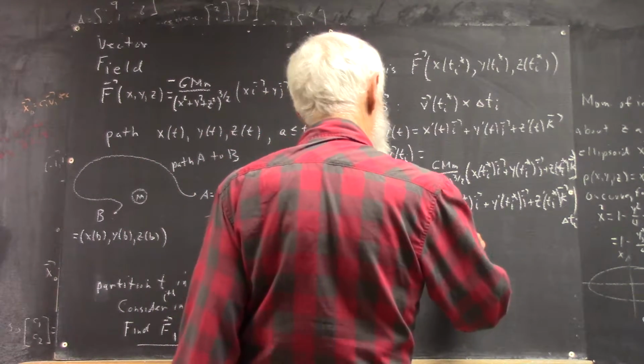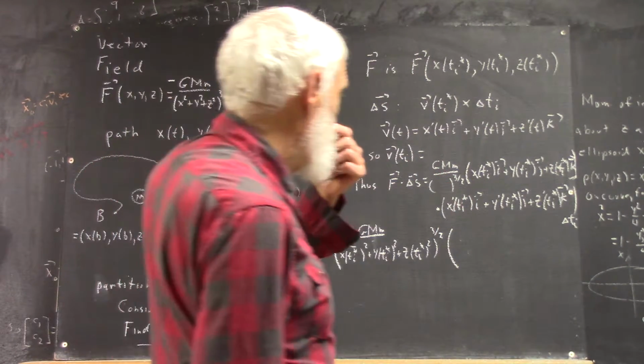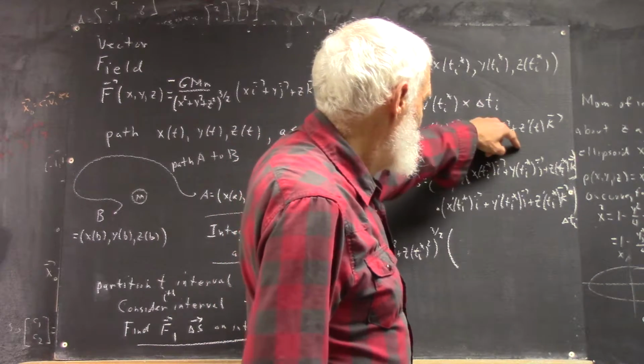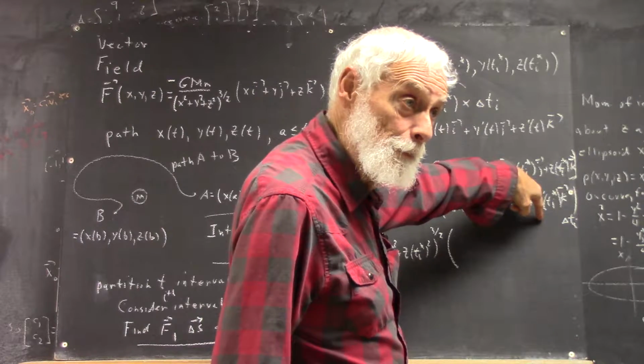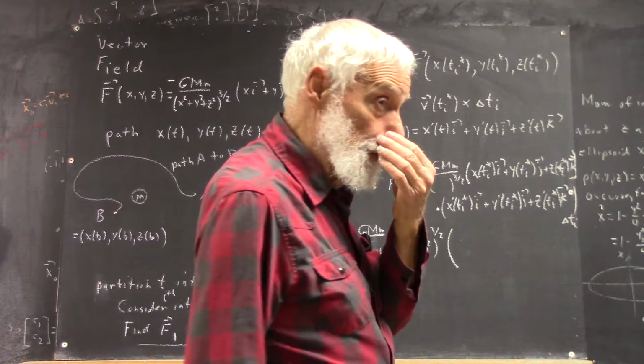To the 3 halves times what? So the dot product is just x prime plus y prime plus z prime, right? And then we have a delta t on the end.